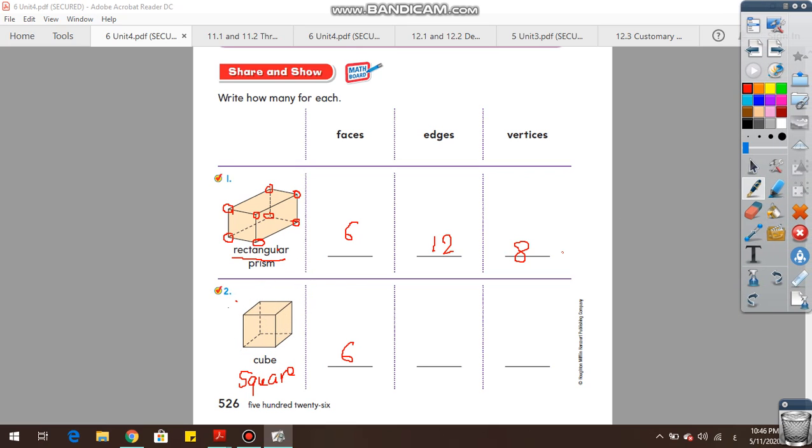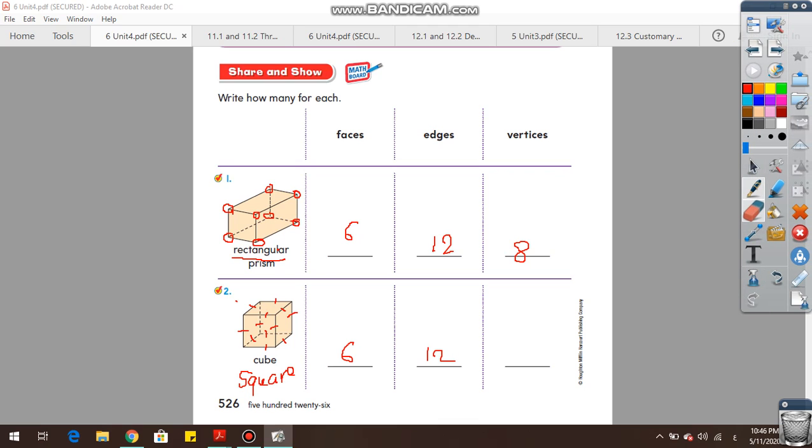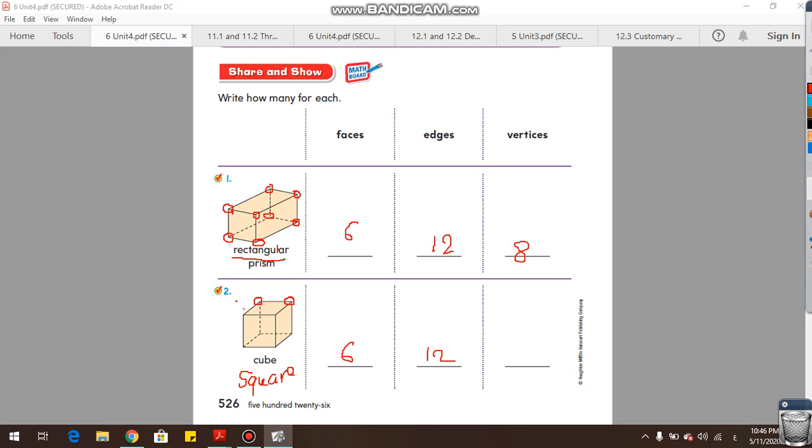Let's count. 1, 2, 3, 4, 5, 6, 7, 8, 9, 10, 11, and 12. Now, how many vertices? Let's count. 1, 2, 3, 4, 5, 6, 7, and 8. So I have 8 vertices.